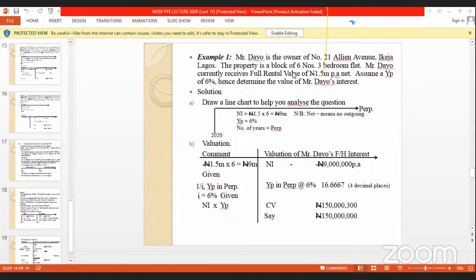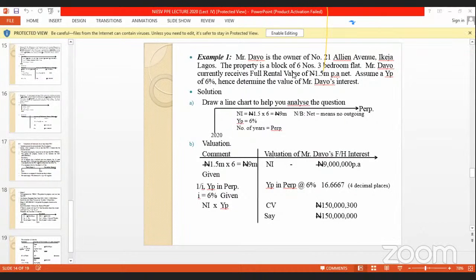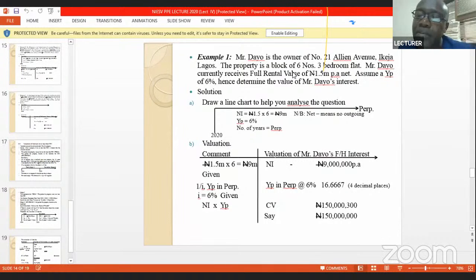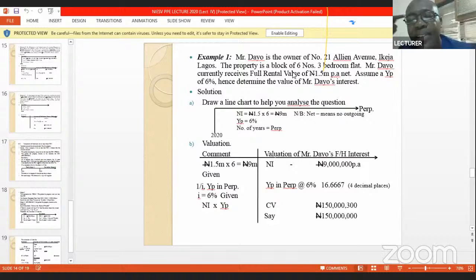Number 2, if you find out that the rent the landlord is collecting is not up to full rental value, it is less than full rental value, that rent is called the head rent. Write it down. Head rent. Head, like I'm pointing to my head.